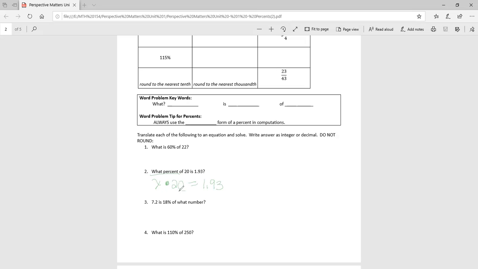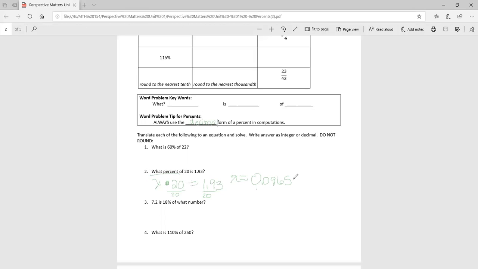So to solve this, we divide by 20, and we come up with X is equal to 0.0965. Now keep up here, we always use the decimal when we're actually doing problems.